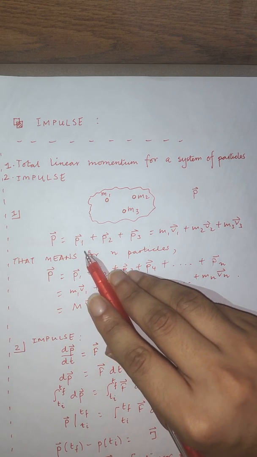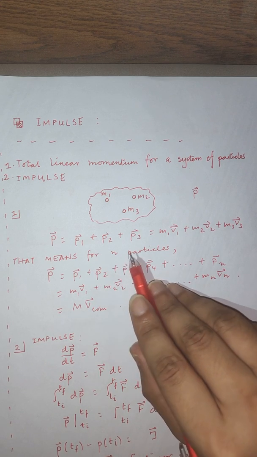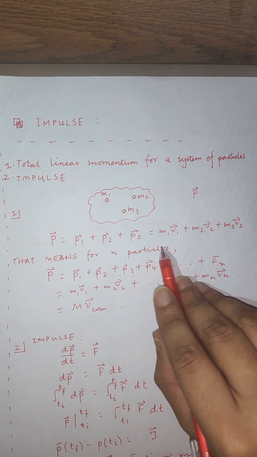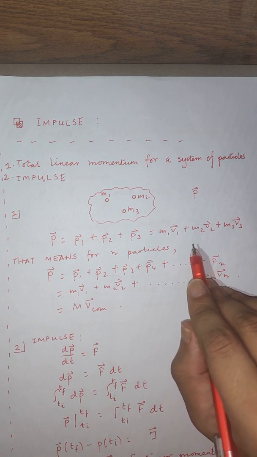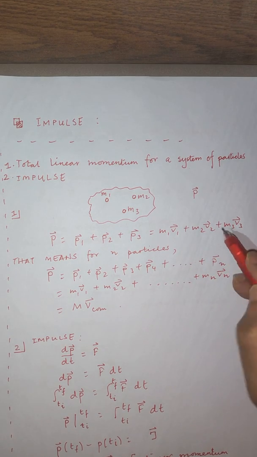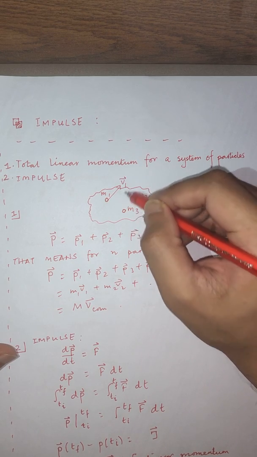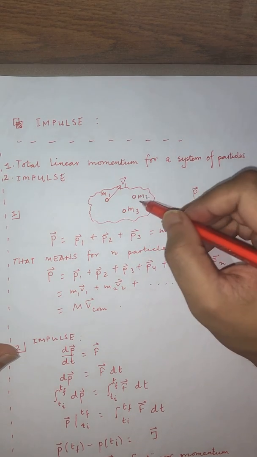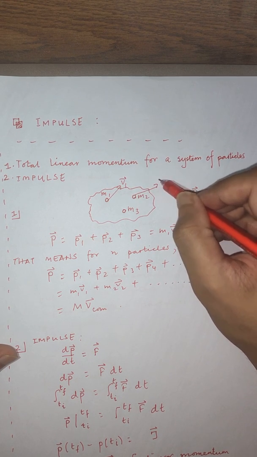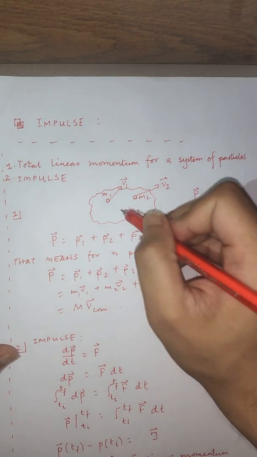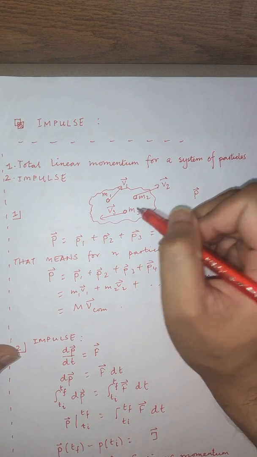And these individual linear momenta can also be written in this form: m1 v1 plus m2 v2 plus m3 v3. v1 would be the velocity of particle 1, v2 the velocity of particle 2, and v3 the velocity of the third particle.